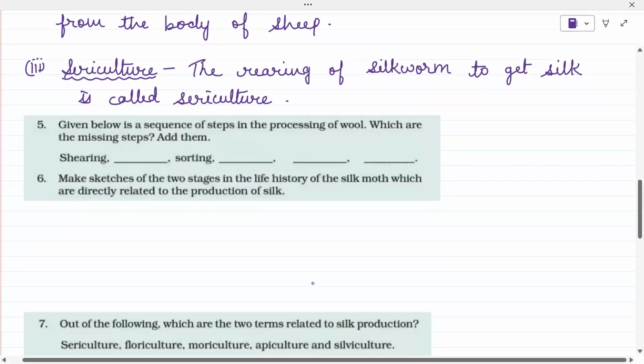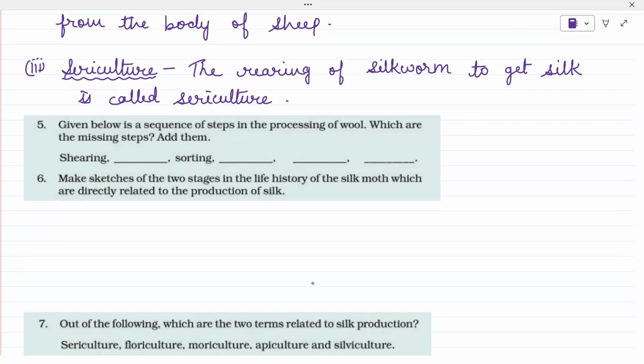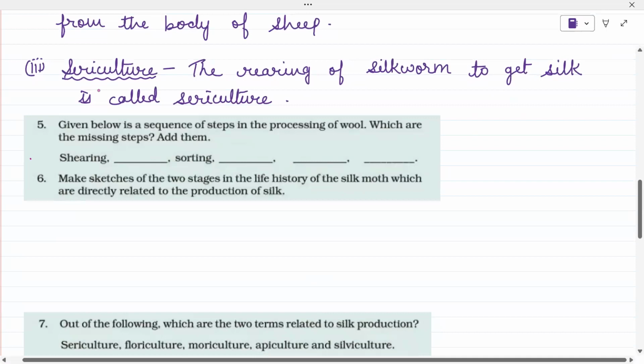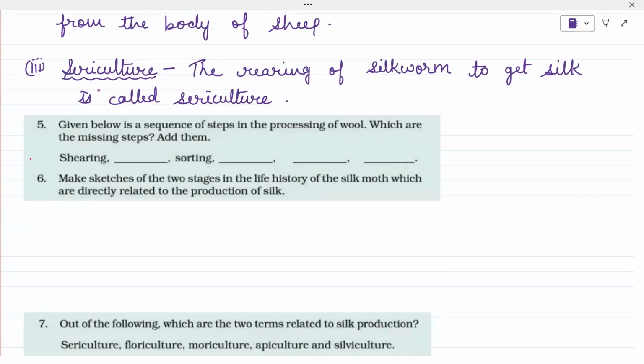Okay, now moving on to the next question. Given below is a sequence of steps in the processing of wool. Which are the missing steps? Add them. So let's add the missing steps. First of all, shearing. We all know what shearing is, just now we have discussed.